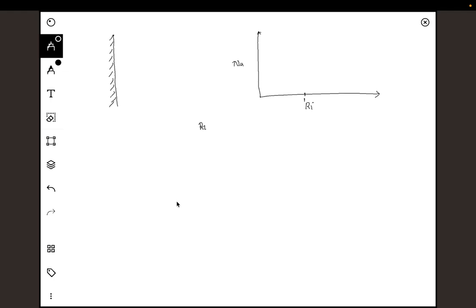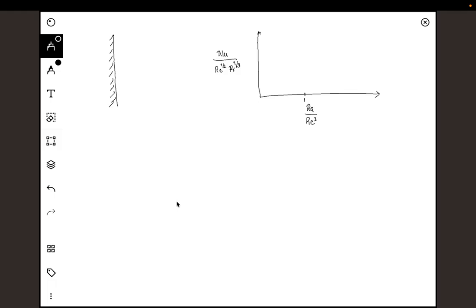So if this is the critical Richardson number, or if you define Richardson number as basically Rayleigh number by Reynolds number square, then instead of Ra, I just write this value. So Ra by Re square, and I plot Nusselt number versus this. Or let's say I'll plot Nusselt number divided by what we already know for forced convection, Reynolds number to the power half and Prandtl number to the power 1 by 3.